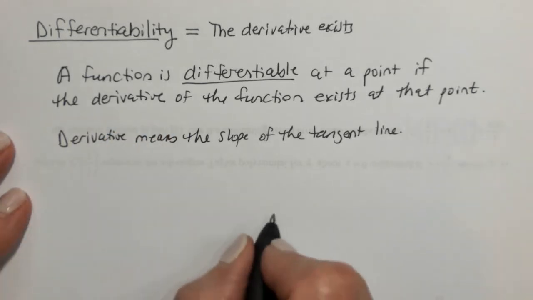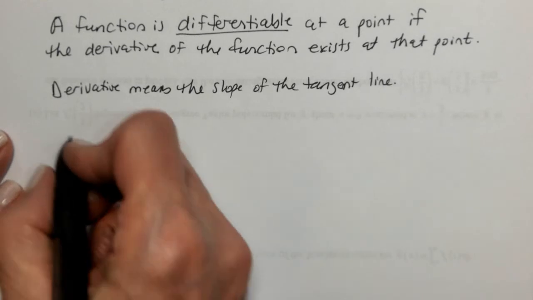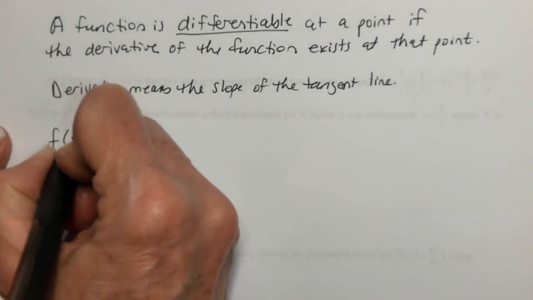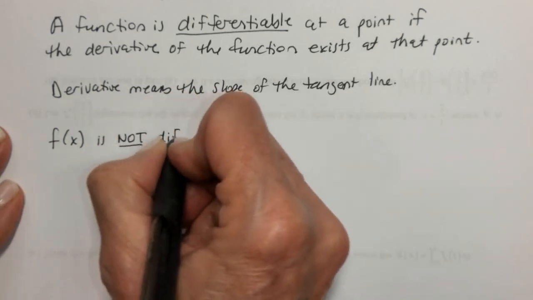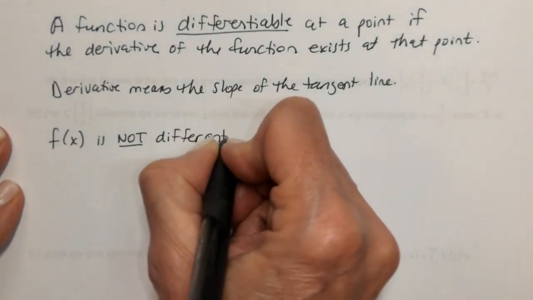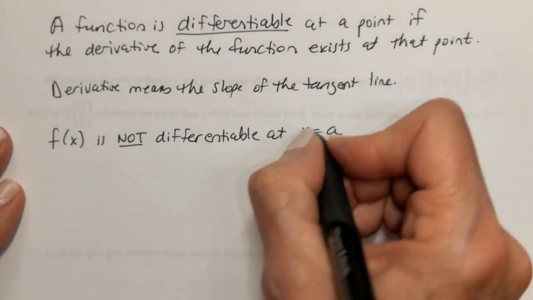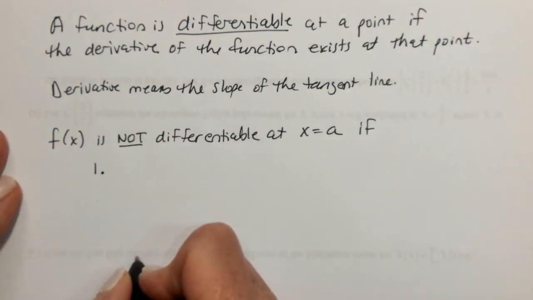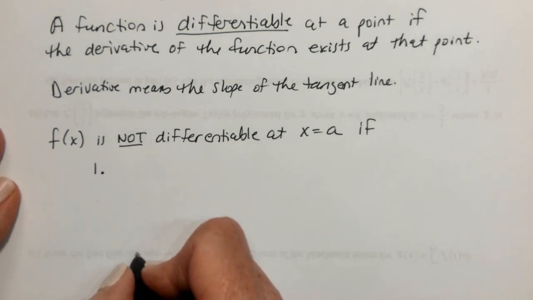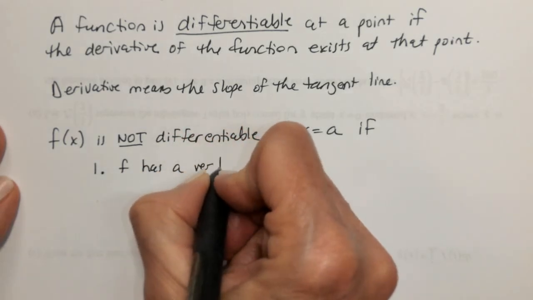Okay? So there are actually three things that would make a function not differentiable. So f of x is not differentiable at x equals a if, okay, one of them is the tangent line at x equals a is vertical.